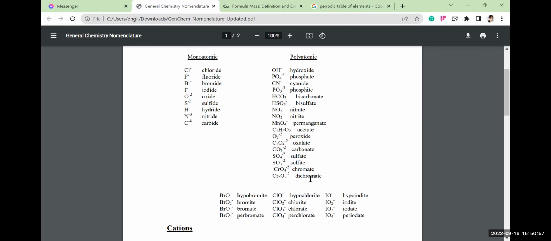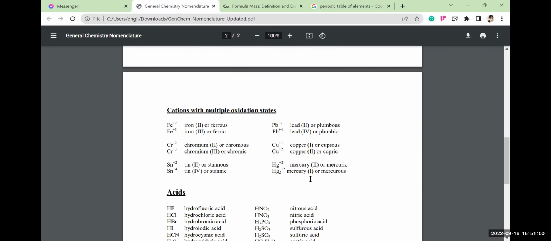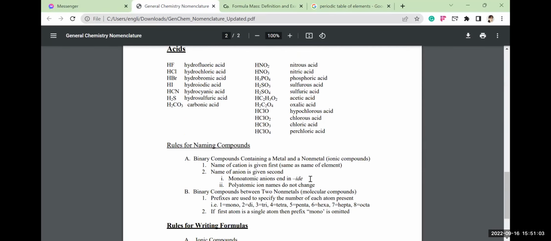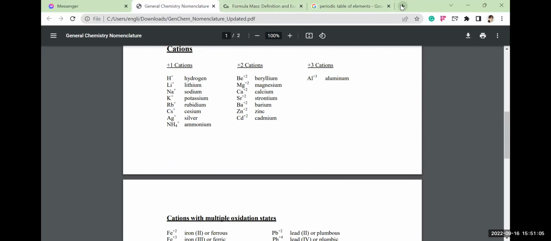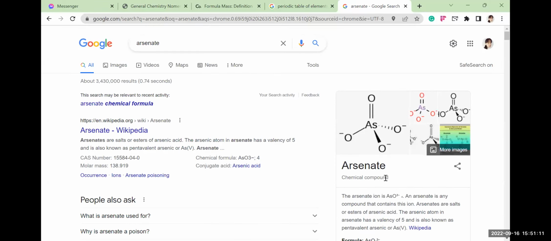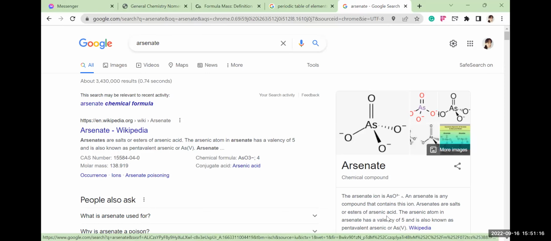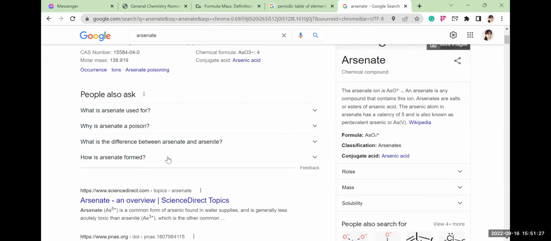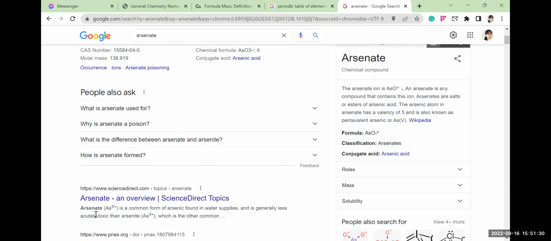It's like a polyatomic ion. So arsenate is actually this one. Arsenate is this one, so it's arsenic with 4 oxygen. But the arsenate ion is AsO4, yeah. Wait up.